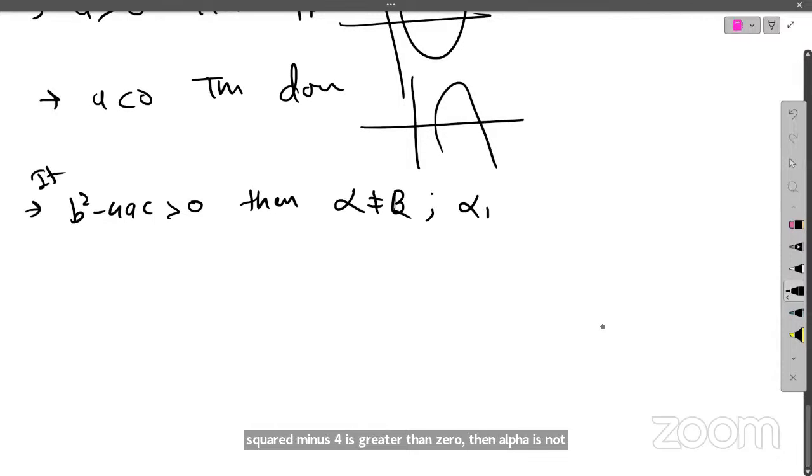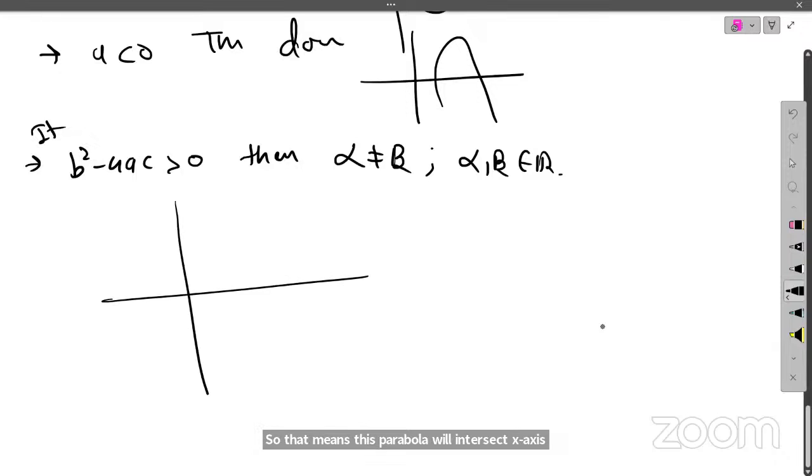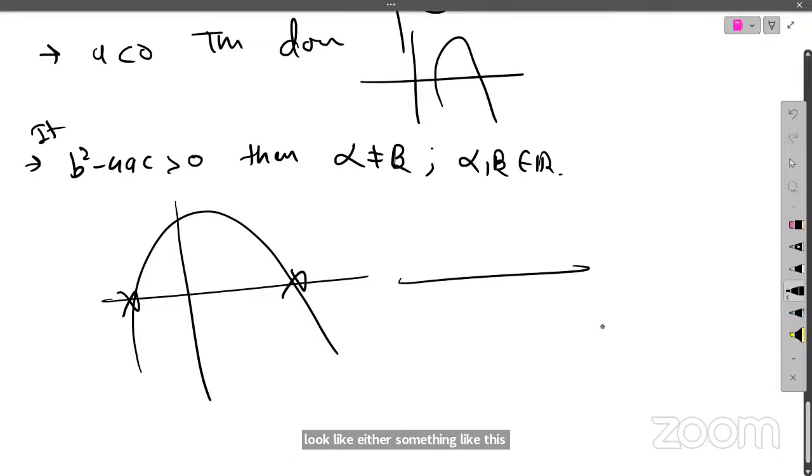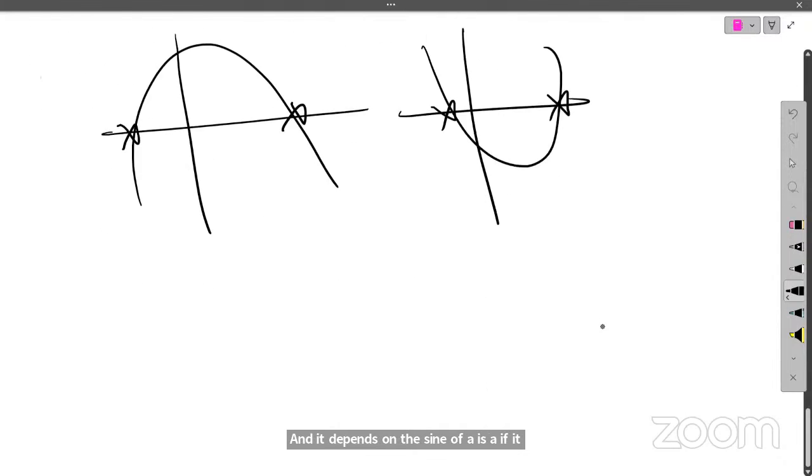That means this parabola will intersect the x-axis at exactly 2 points. So it can look like something like this, or something like this, depending on the sign of a, whether it is an upward or downward parabola.